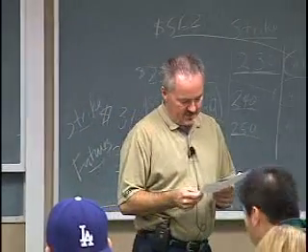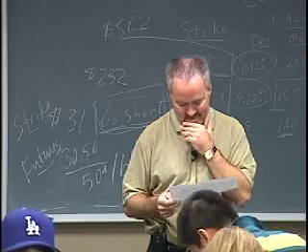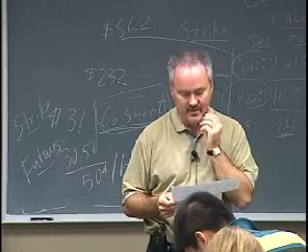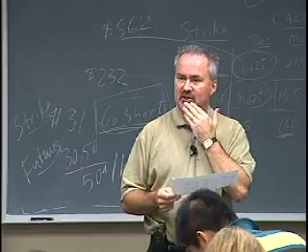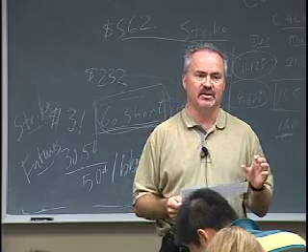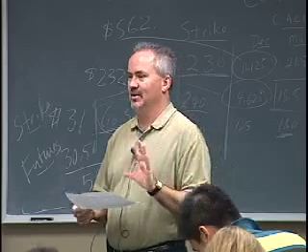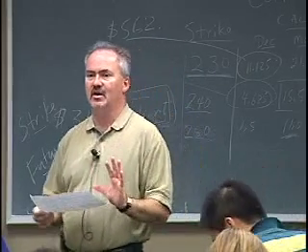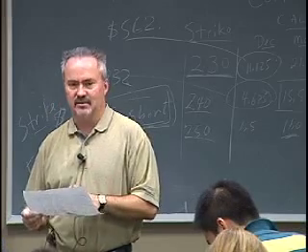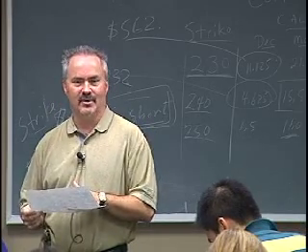So can anyone tell me if that option is in the money or not? How do we tell if it's in the money? It's a call option. So the call option gives you the right to, what, long or short? Long. Gives you the right to go long at the strike price, okay?